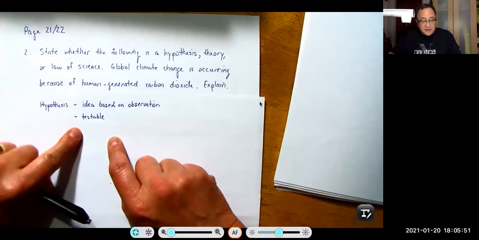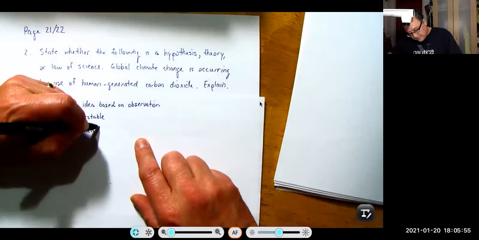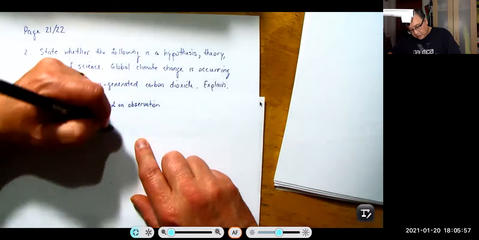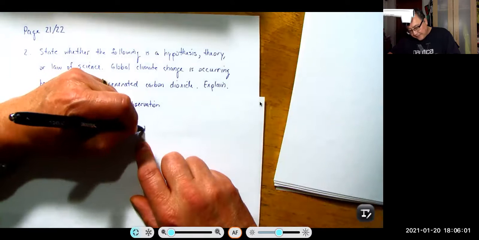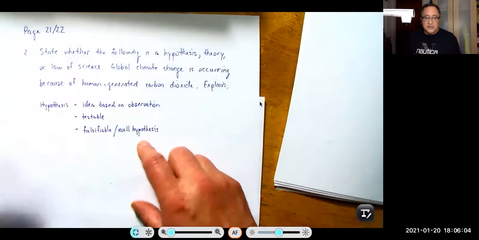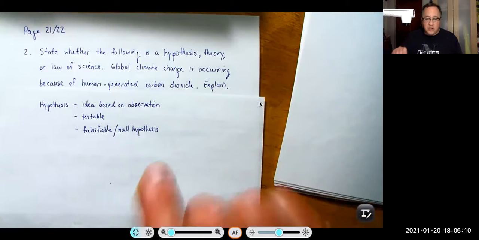Also important to the hypothesis is that it must be falsifiable, or you must have a null hypothesis. What that means is that there must be some set of circumstances where if you collect the data, it will prove your idea to be wrong.